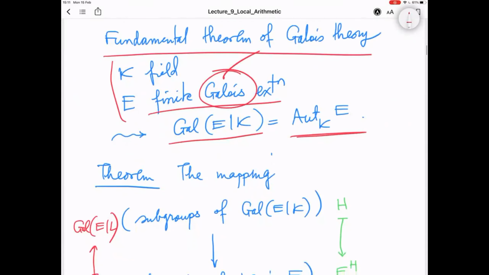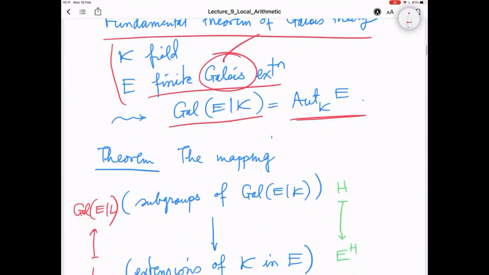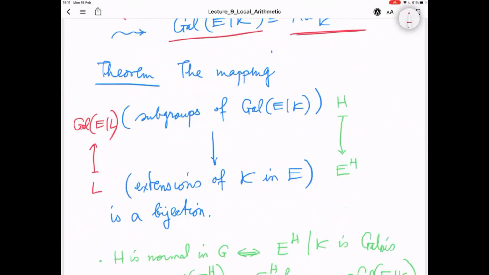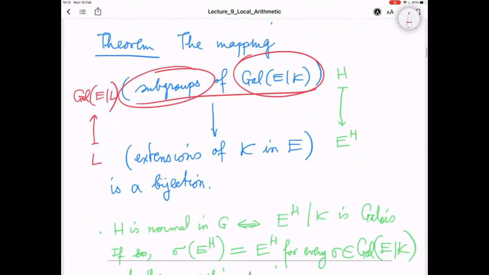But the theorem says that you have this mapping from the set of all subgroups of the Galois group. This is the Galois group, right? The set of all subgroups of the Galois group to the set of all extensions of K in E.